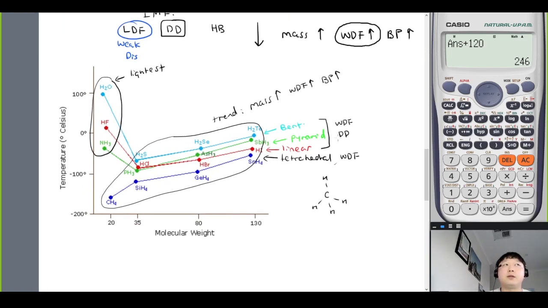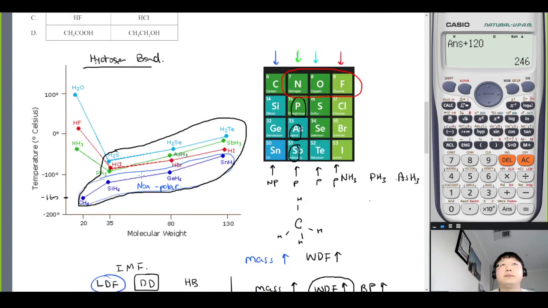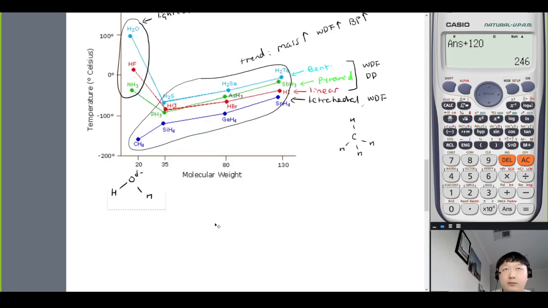That's right. There's something more than dipole-dipole going on. All these guys have dipole-dipole, but this one has a special intermolecular force, which is what? The hydrogen bonding. You've got a water molecule, hydrogen, oxygen, and this is slightly negative, right? And another hydrogen is slightly positive, and this is attracted there.